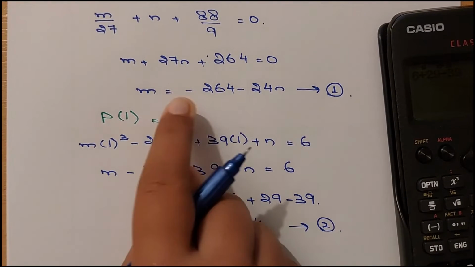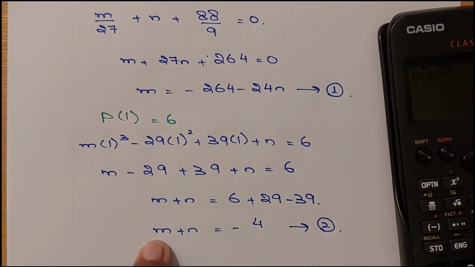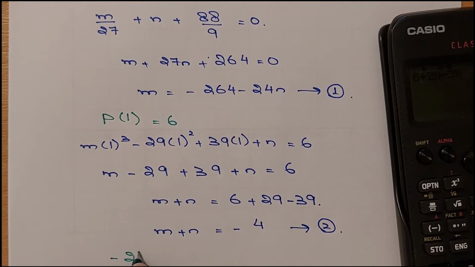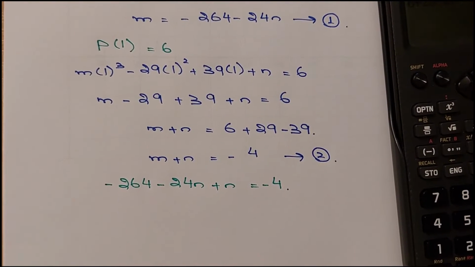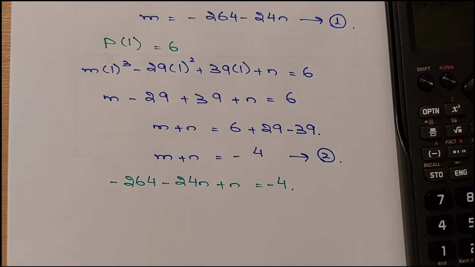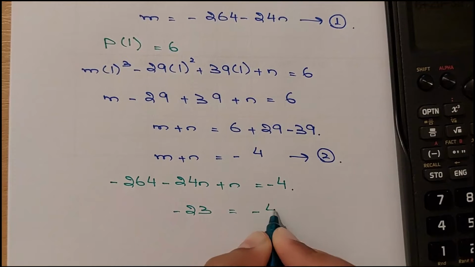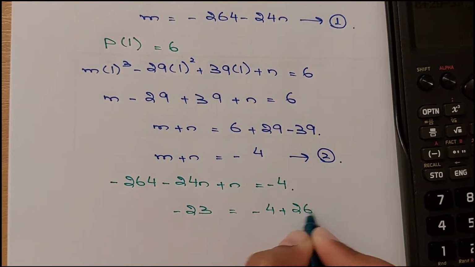As you can see, from the first equation we got the value for m. Just substitute that m value into the second equation, that is minus 264 minus 27n plus n equals minus 4. So the coefficient of n is minus 27 plus 1, that is minus 26, and here we have minus 4 plus 264.